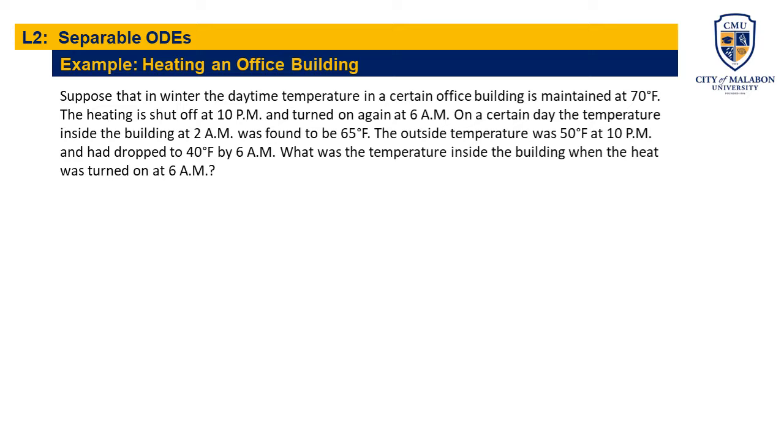The outside temperature was 50 degrees Fahrenheit at 10 p.m. and this temperature had dropped to 40 degrees Fahrenheit by 6 a.m. The question: what was the temperature inside the building when the heat was turned on at 6 a.m.?